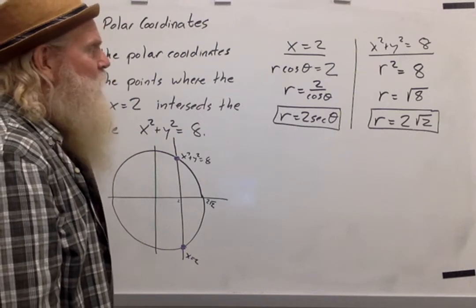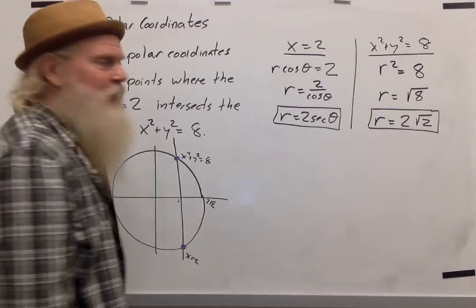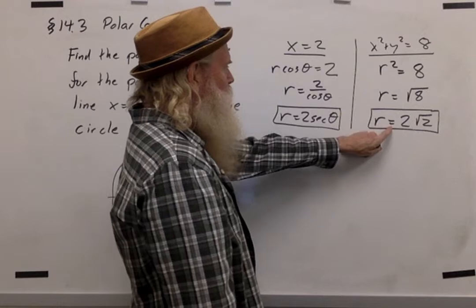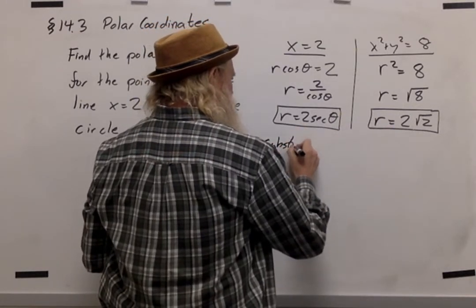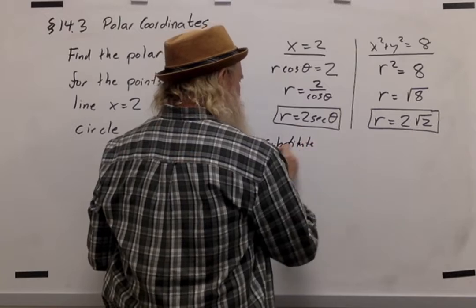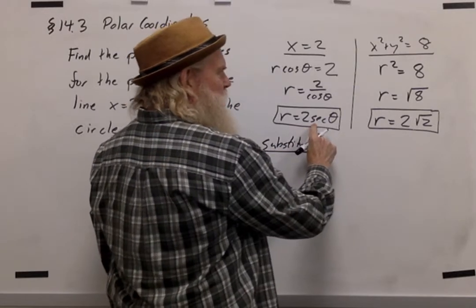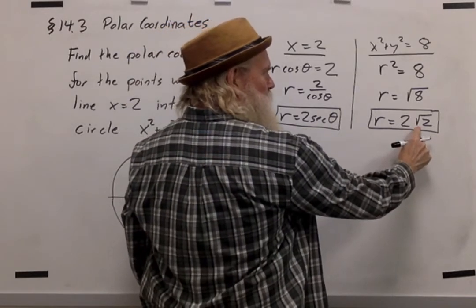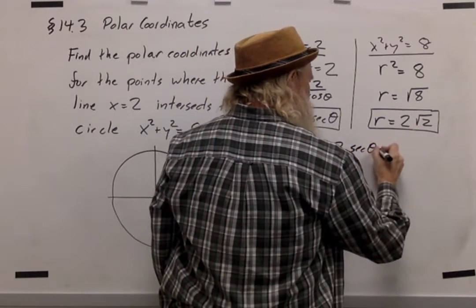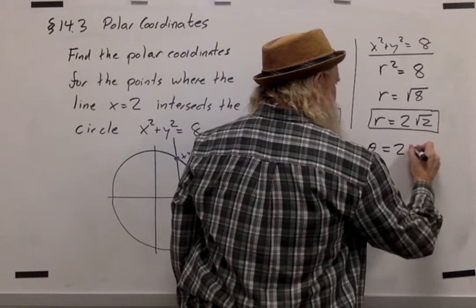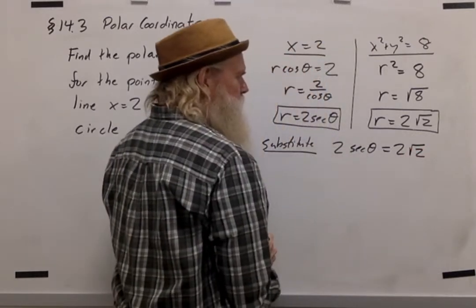So if we want to find out where these two curves intersect, we can simply substitute one of these into the other. Since r is equal to 2 secant theta and r is equal to 2 root 2, then 2 secant theta is the same as 2 root 2.